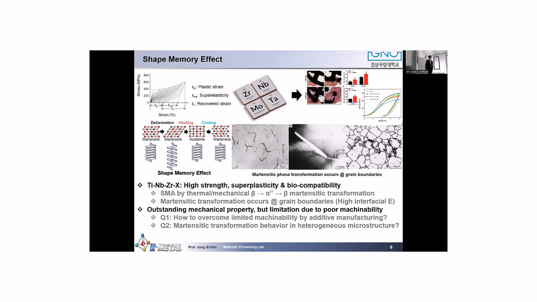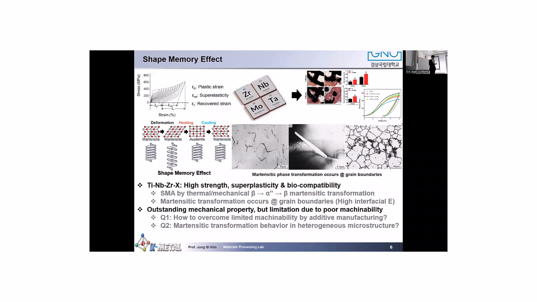Based on this, the sample shows such superelasticity, as you can see on this graph. Such martensitic transformation is usually observed at grain boundaries, where you usually have a high interfacial energy.